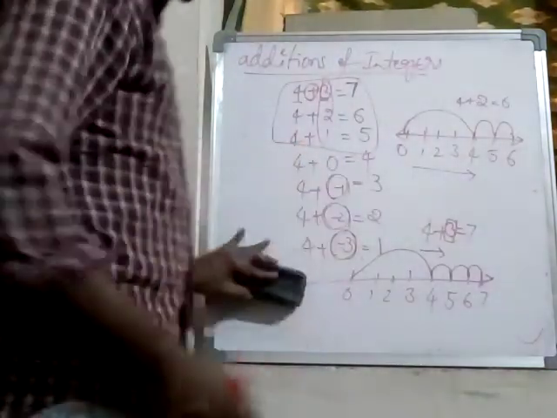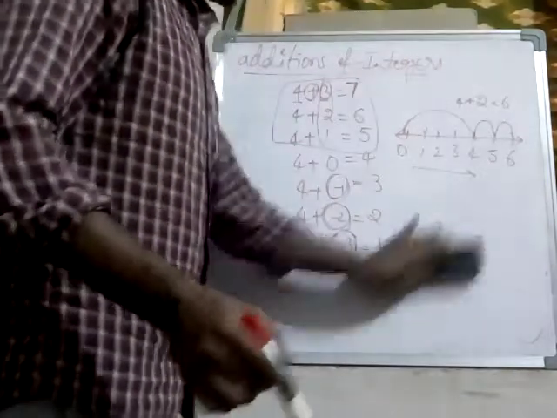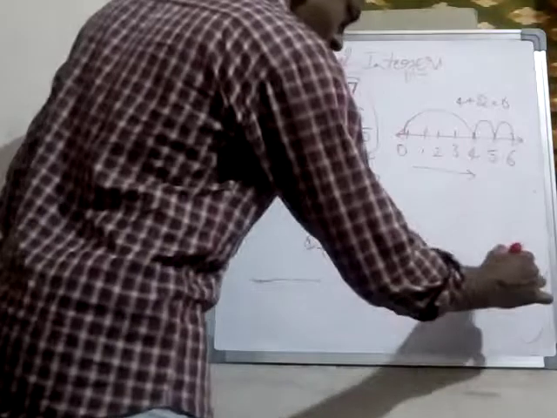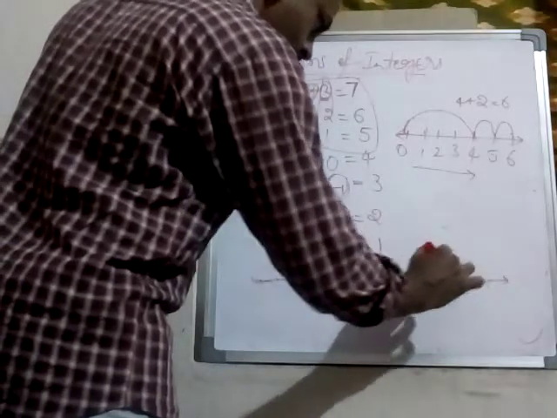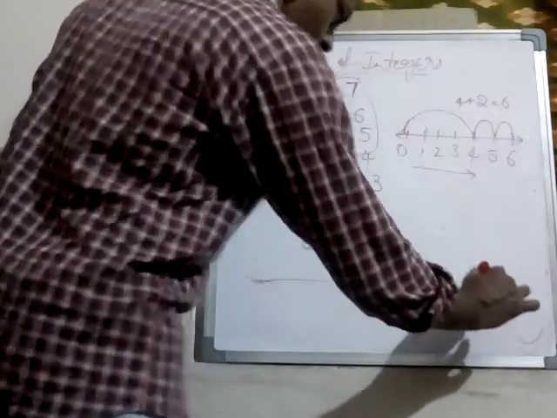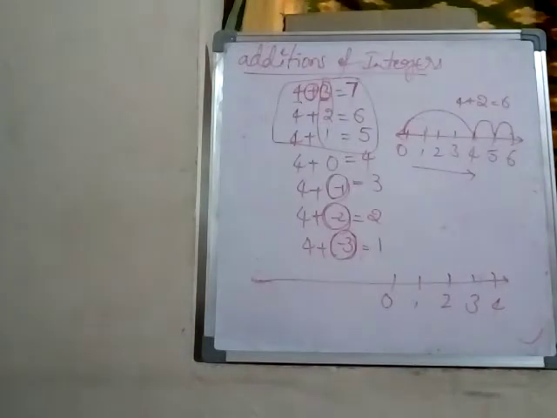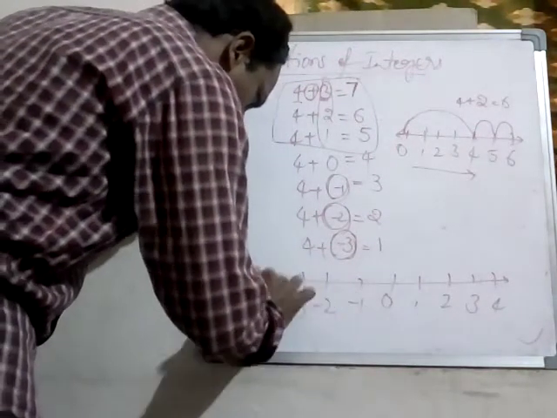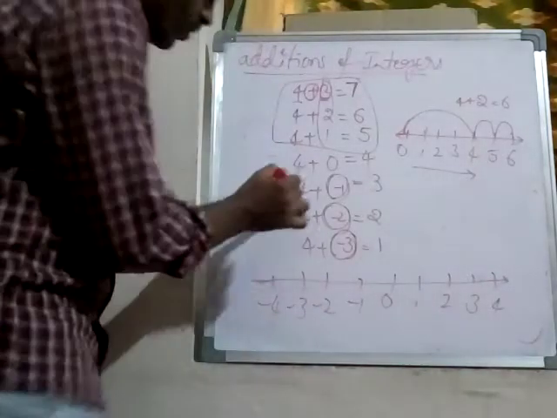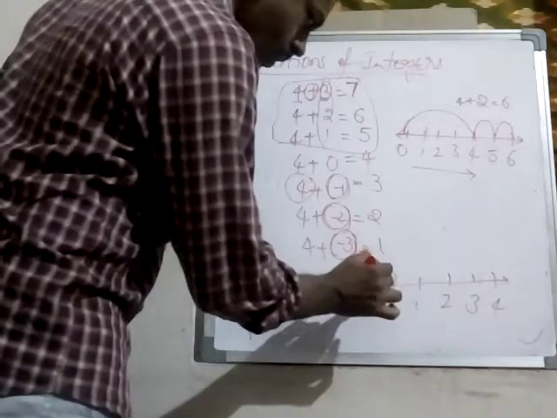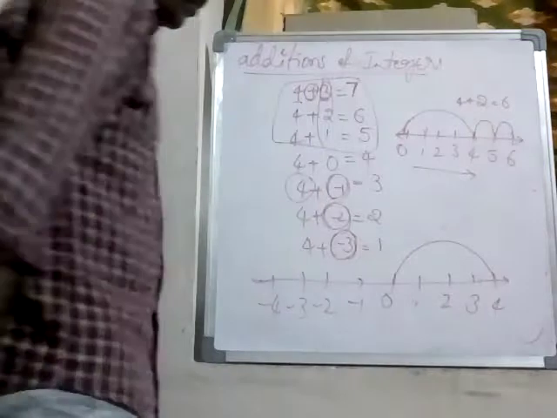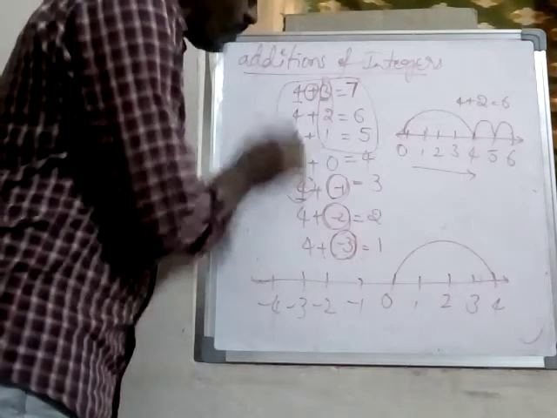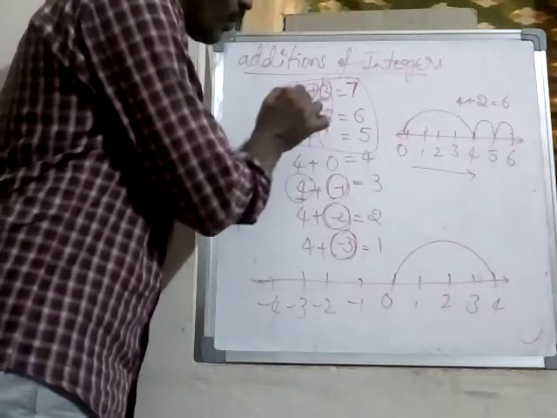Now see this negative. So this is the number line. Minus 1, minus 2, minus 3, minus 4, like that. So the first one is 4 units, start from 0, plus 4. So add a negative integer. Previously, we added a positive integer.